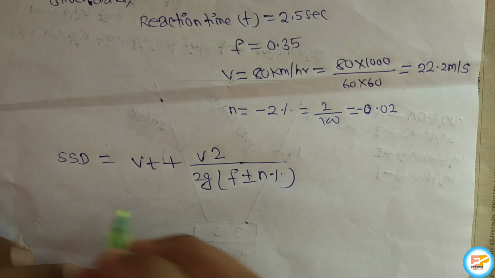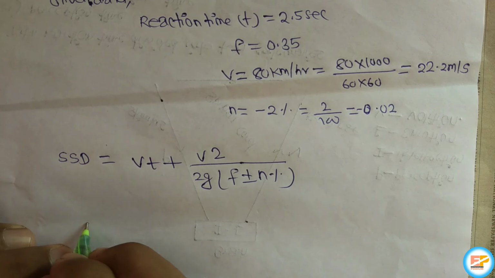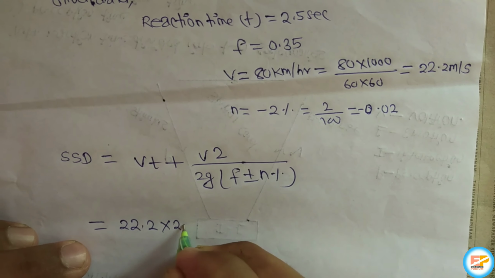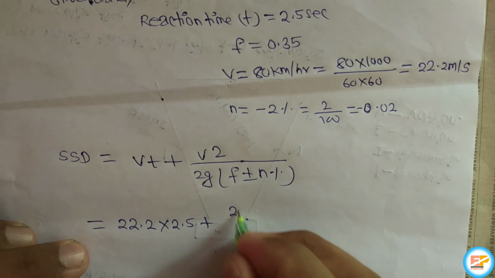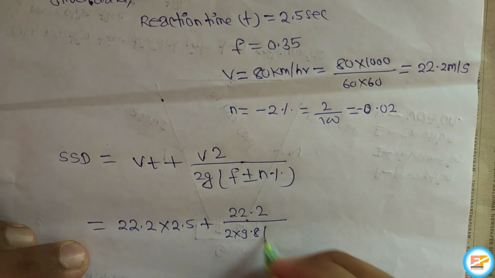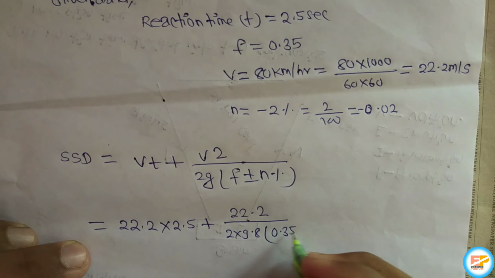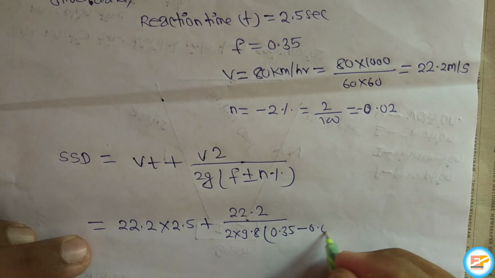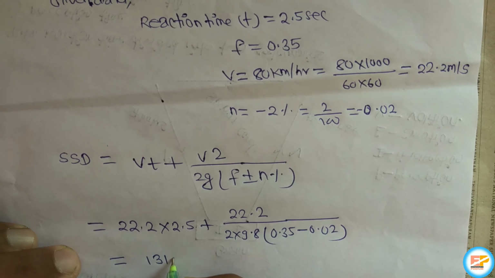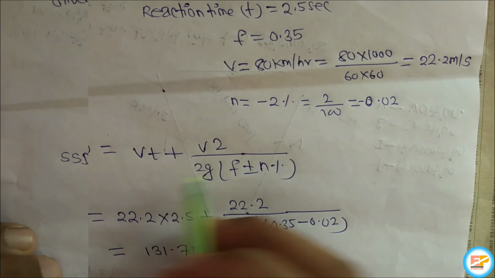So putting all these values in this equation: V is 22.2 into 2.5 plus V, 22.2 square, divided by 2 into 9.8 into f 0.35 minus 0.02 n. So you will get 131.7 meter. This equation is in meter per second.